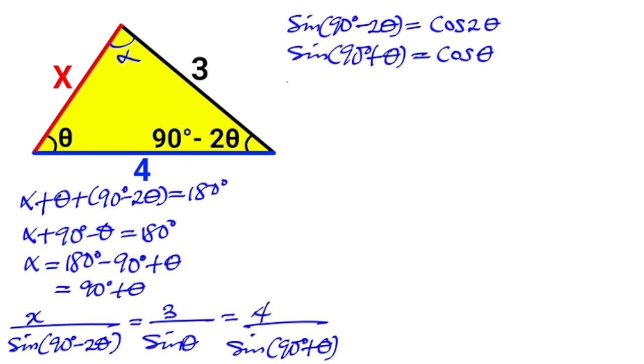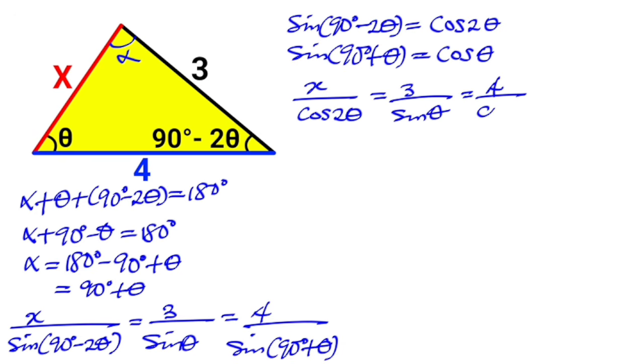Substituting these back into our ratios gives us a much cleaner set of equations: x divided by the cosine of 2 theta is equal to 3 divided by the sine of theta, which is equal to 4 divided by the cosine of theta.